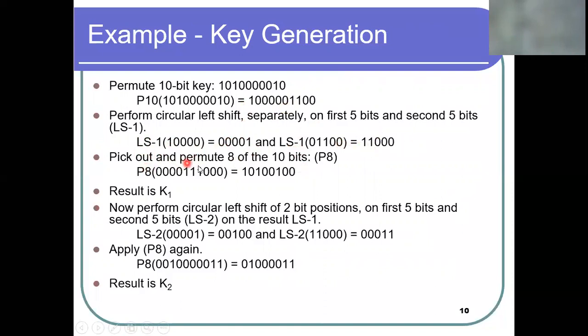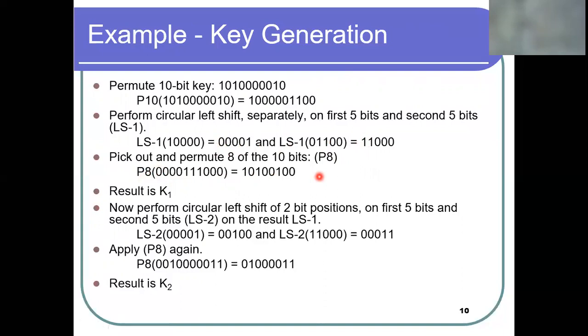So pick out the permutation P8 of 10 bits, that is basically if we join these 5 bits and these 5 bits and apply P8, that P8 basically takes 10 bits and maps onto 8 bits. P8 is basically a function that takes 10 bits and maps onto 8 bits. So if I say in terms of function, what does it mean?